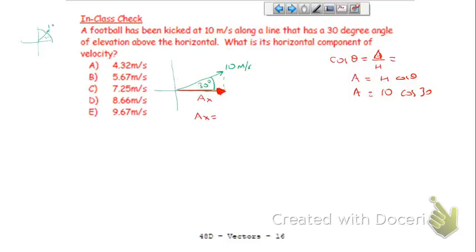Ax is equal to 10 cosine 30 degrees. Because you're going to have to be there pretty soon. And then you get your calculator and you work it out. 10 cosine 30. And it's going to be 8.66. Cool.